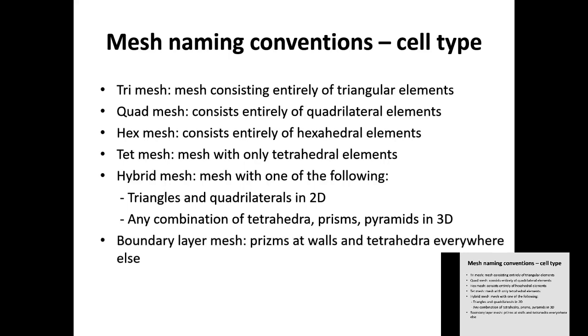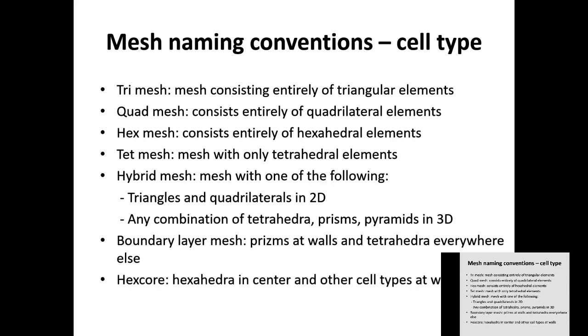Usually boundary layer meshes you would want generally hexes or prisms. And then you have what we call hex core, that is hexahedron in the center and other cell types at walls. And then you have polyhedron meshes.